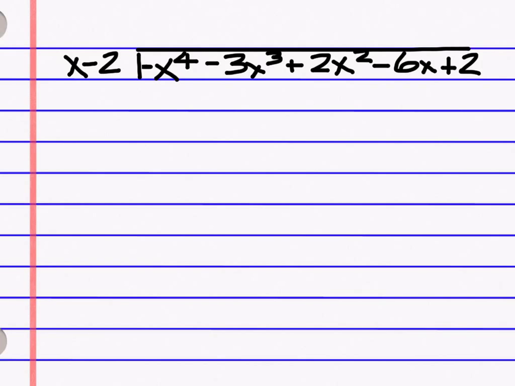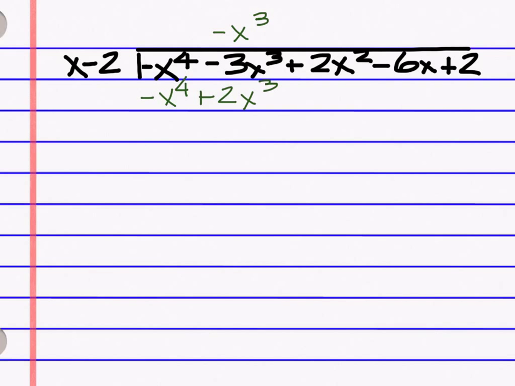X to the third. -x to the third. If I multiply -x to the third by this expression here, what do I get? -x to the fourth plus 2x to the third.